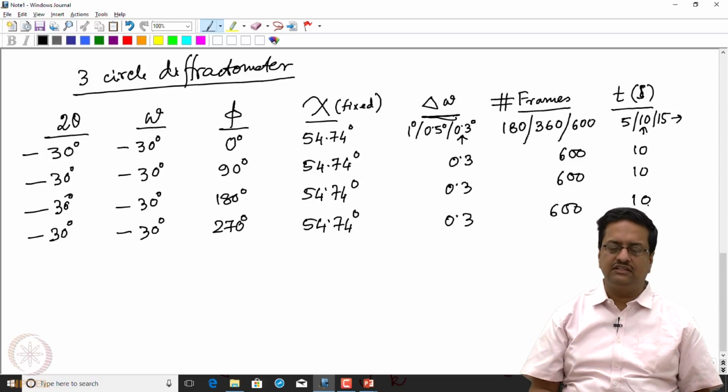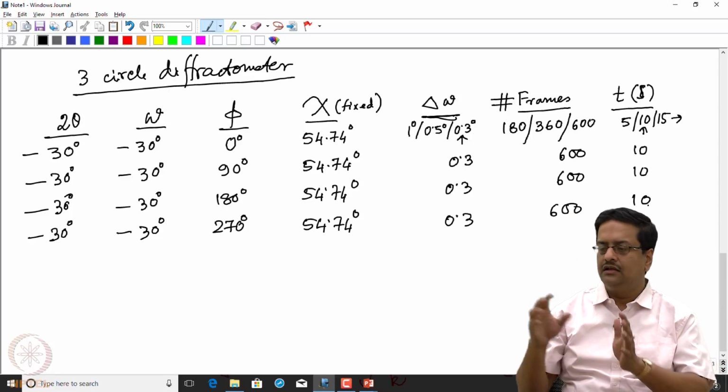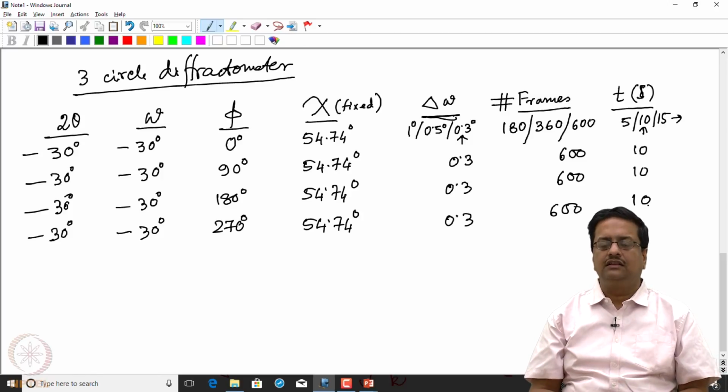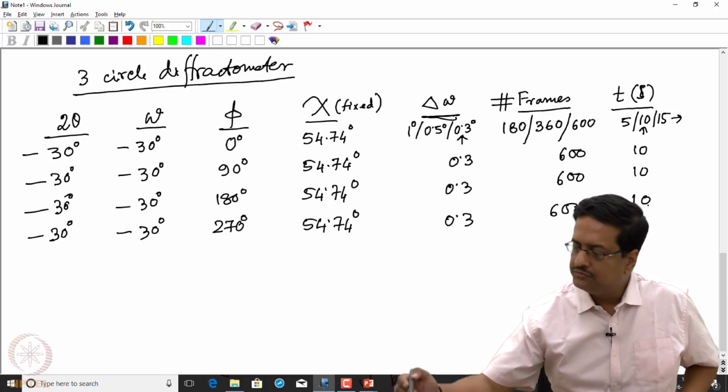So in this process, all the reciprocal lattice points which come under a sphere are going to be recorded, and whatever strategy I have written here corresponds to a full sphere data.